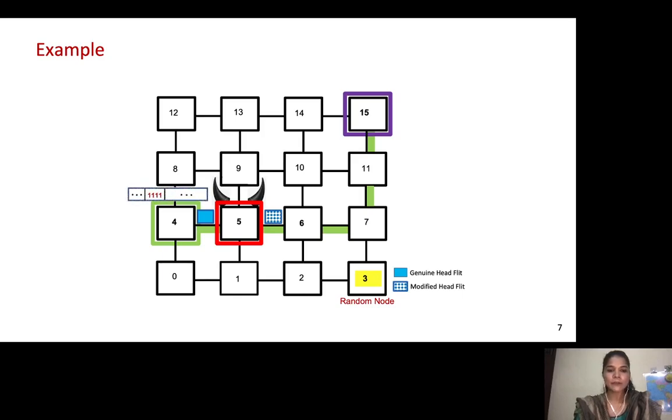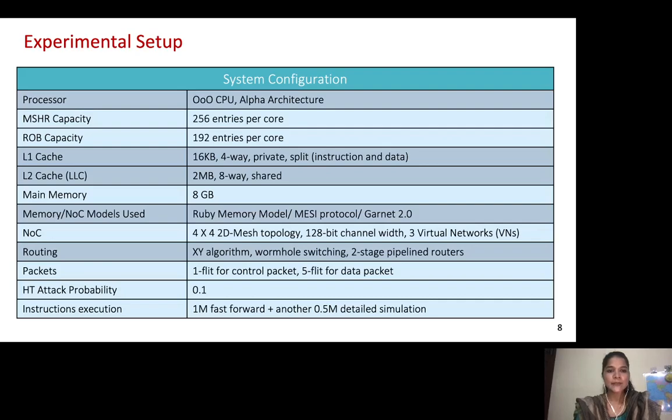So, instead of 15, now the packet would reach 3, and upon reaching 3, after verification, 3 drops the packet at the wrong destination.